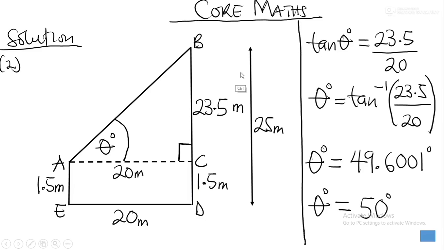Remember, we were told that the height of the tower is what? 25 meters. So if the tower is 25 meters high and part of it is 1.5 meters, then the other part will be what? 23.5. So we got this 23.5 by subtracting the 1.5 from the 25, and it gave us 23.5.